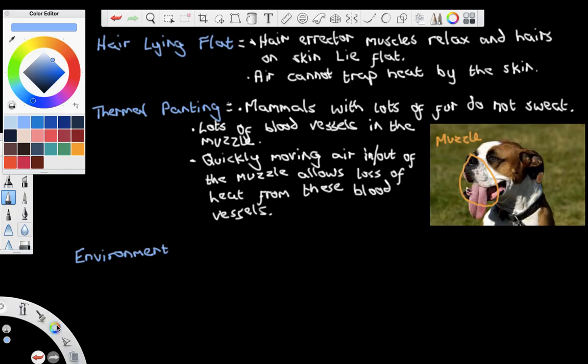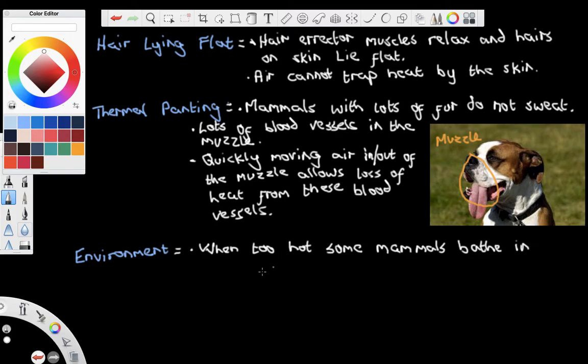We can say that when too hot, some mammals bathe in cold water.